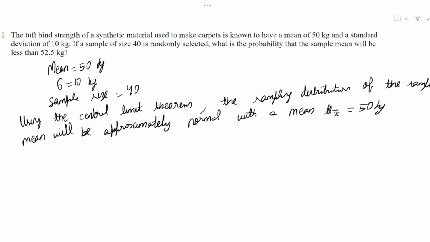The standard deviation for that sample we have to find out. So sigma x bar is equal to 10, the standard deviation, divided by root of the sample size, 40. This will become 1.581 kg.